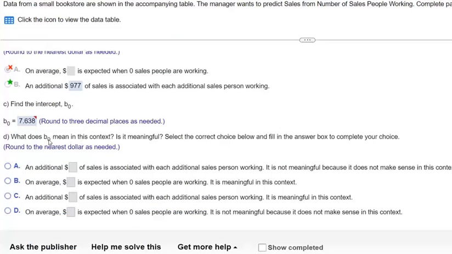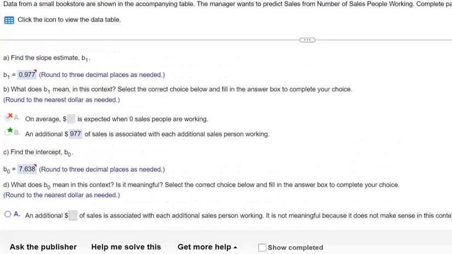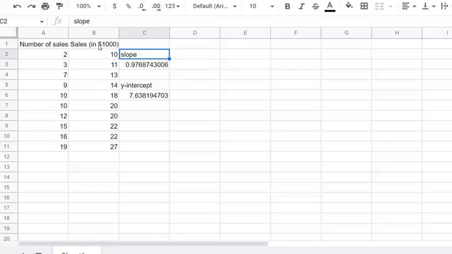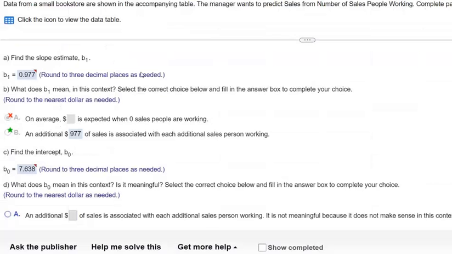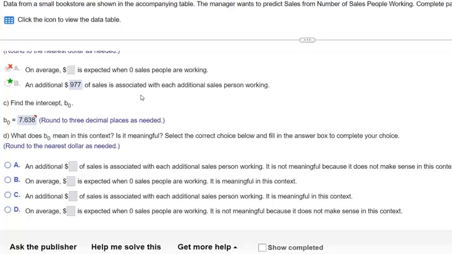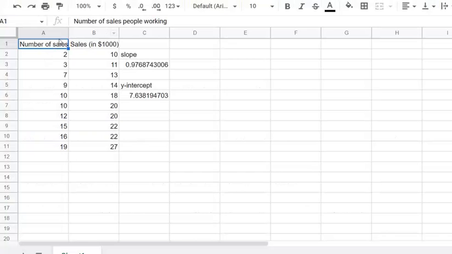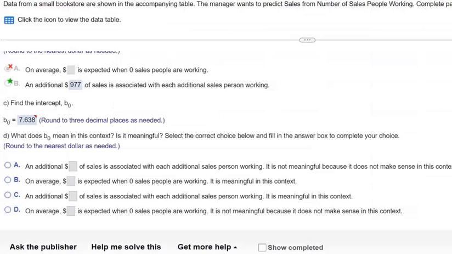And remember what b sub 0 means. b sub 0 tells you the y variable you expect when x is 0. In other words, the y-intercept is going to tell us the amount of sales we expect when the number of sales is 0, which is never going to happen. We're not going to get any money in revenue if there's 0 sales. Oh, this is salespeople. Sorry. This is the number of salespeople working.